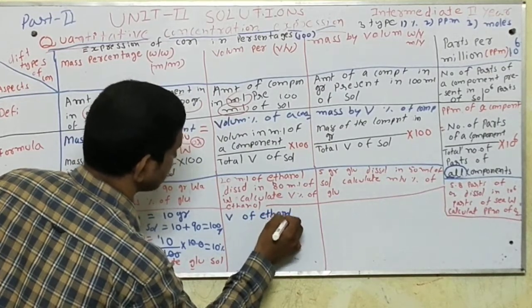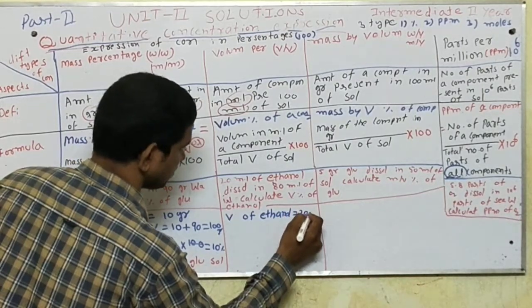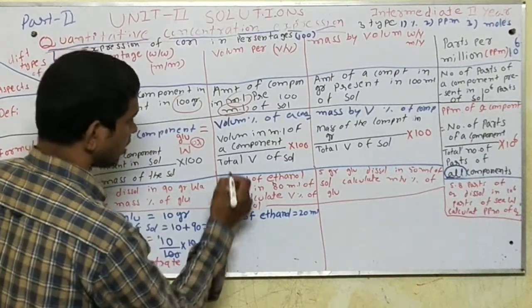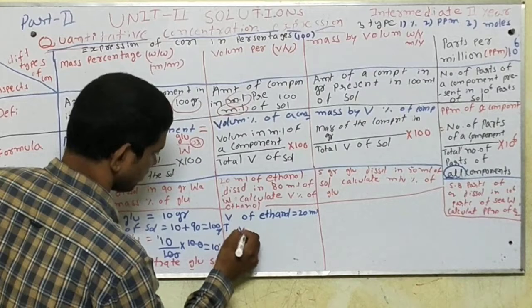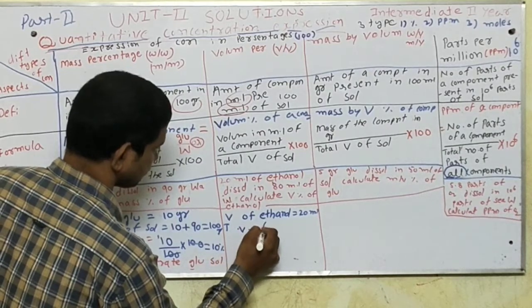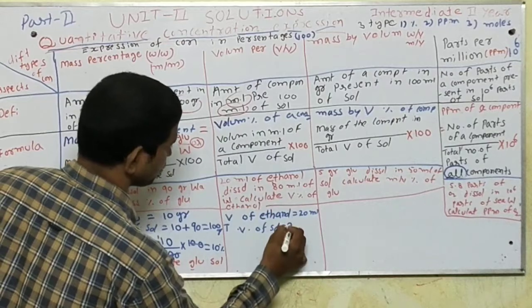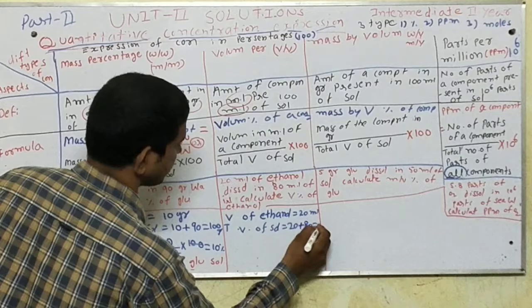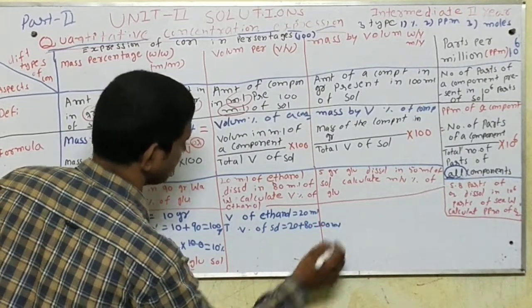From the question, it is 20 ml, and total volume of solution equals 20 plus 80, which equals 100 ml.